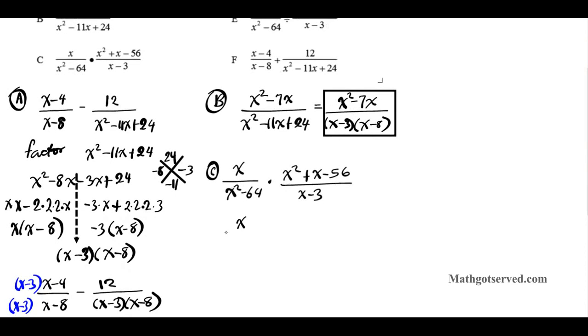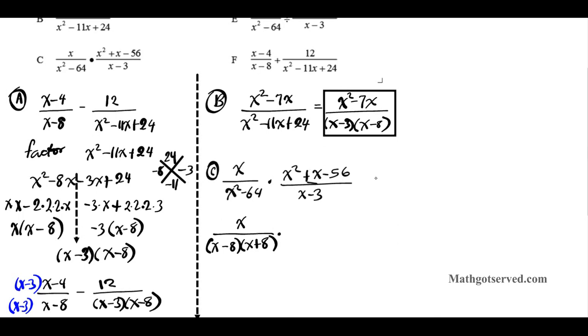So we have x divided by, to factor x squared minus 64, you square root the first and the last and add and subtract. So we have x minus 8 times x plus 8. Let me partition my workspace so you don't get confused. And then on the right side, times.